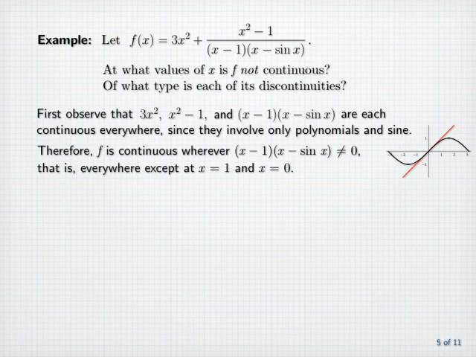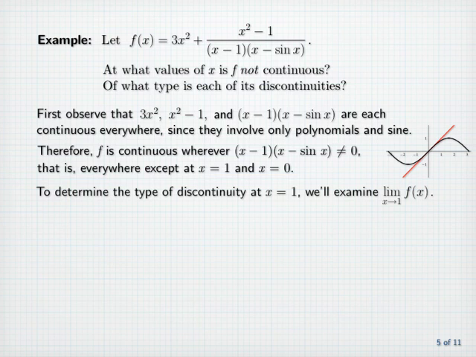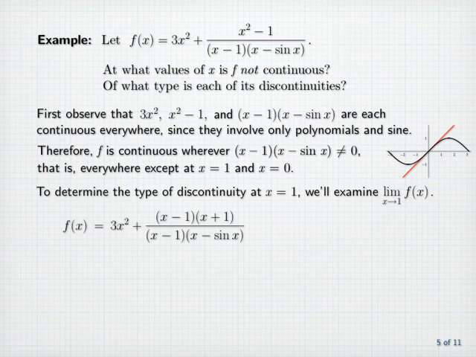To determine the type of discontinuity at x equals 1, we'll examine the limit as x approaches 1 of f of x. The numerator in the second term factors into (x plus 1)(x minus 1), and so the x minus 1 factor cancels, and we conclude that f of x equals 3x squared plus (x plus 1) divided by (x minus sine x) for all x other than 1.